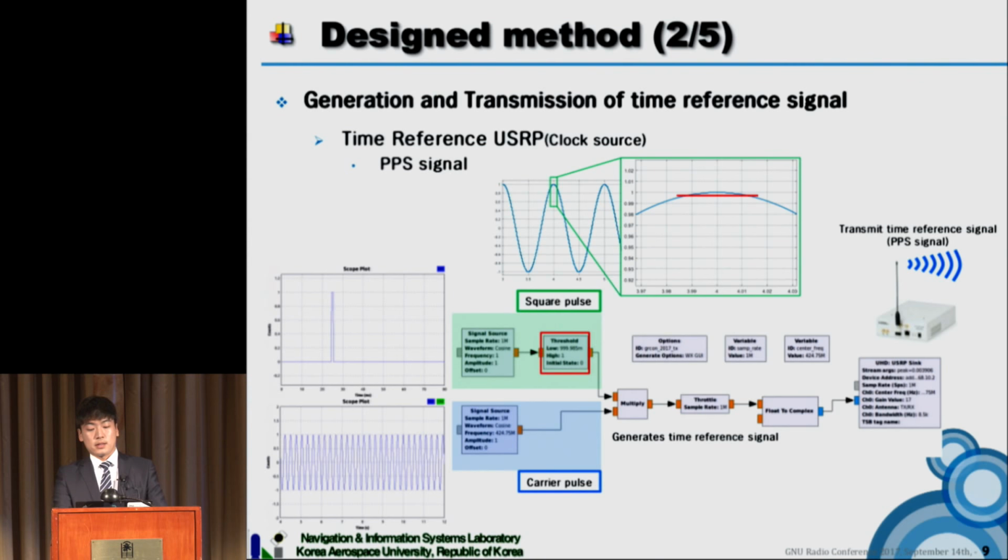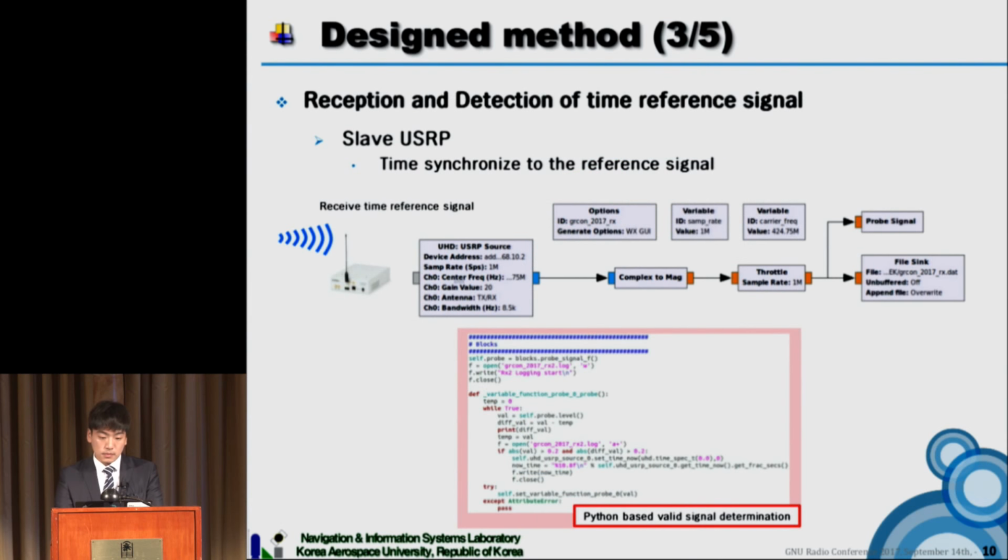After generating a time reference signal, the clock source transmits it to the other slaves by using this USRP sync block. And then the slaves receive the time reference signal from the time reference unit.